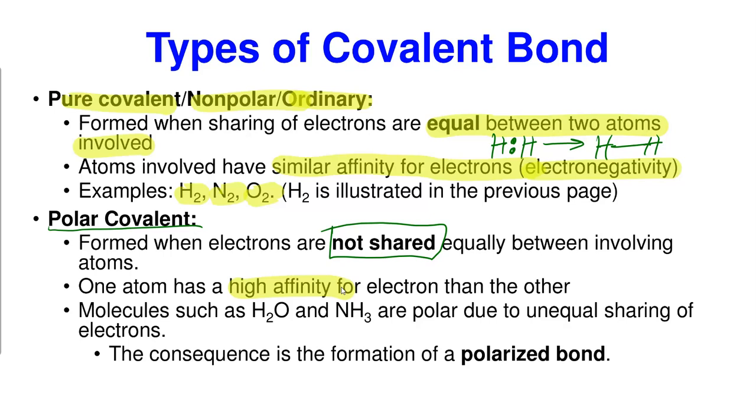Because one has more power than the other, that molecule is polarized. Molecules such as water and ammonia are polar due to unequal sharing of electrons. Because of this unequal sharing, it forms a polar bond, whereby the bond becomes highly polarized, resulting in a polar covalent bond. And that particular molecule is called a polar molecule or a polar covalent molecule.